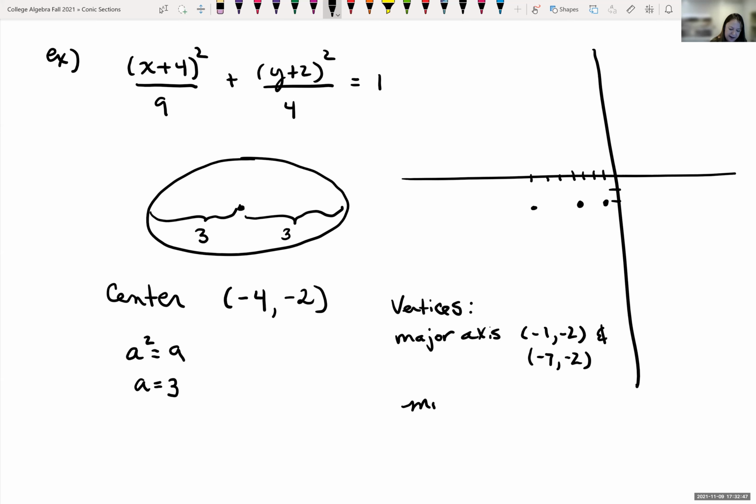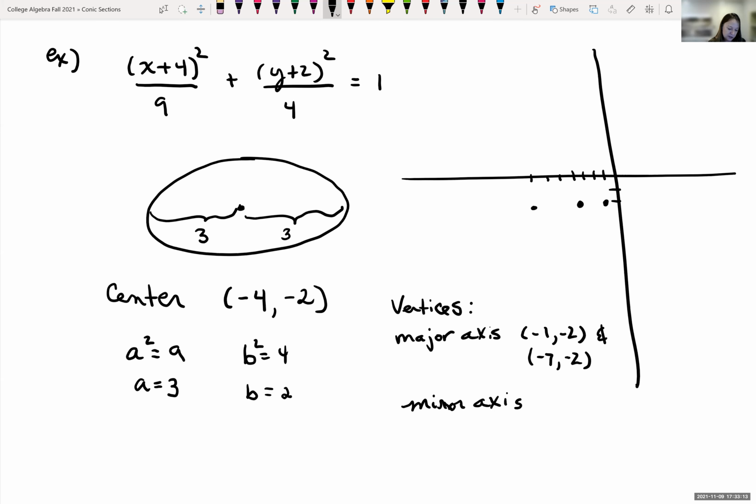So for the minor axis, we need to look at our b value. Well, b is a smaller number, b squared is 4. So I know that b is equal to 2. So I'm going to go up and down 2 from my center, which affects the y value of my point.